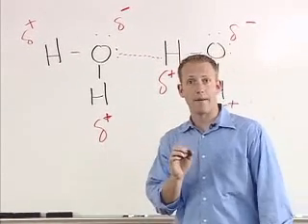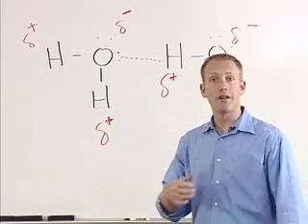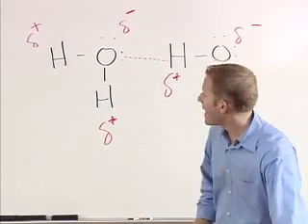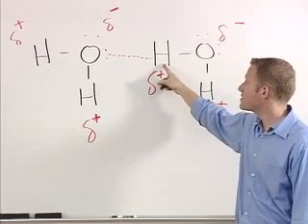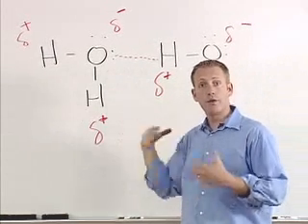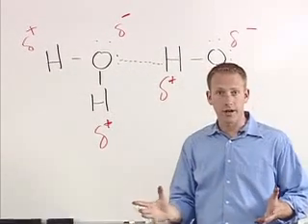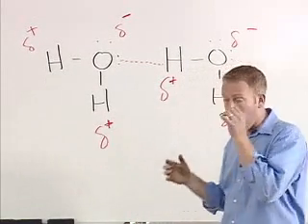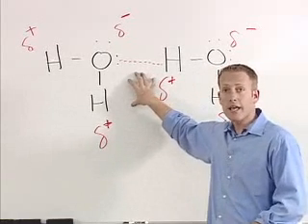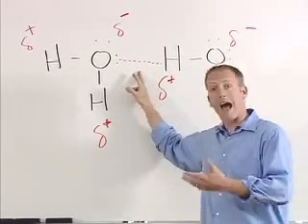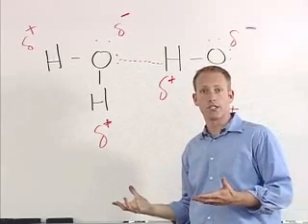A strong type of intermolecular force is called hydrogen bonding. And that's when the hydrogen of one molecule bonds to the oxygen, fluorine, or nitrogen of another molecule. Oxygen, fluorine, or nitrogen. So here is hydrogen bonding. This is a relatively strong type of intermolecular force.